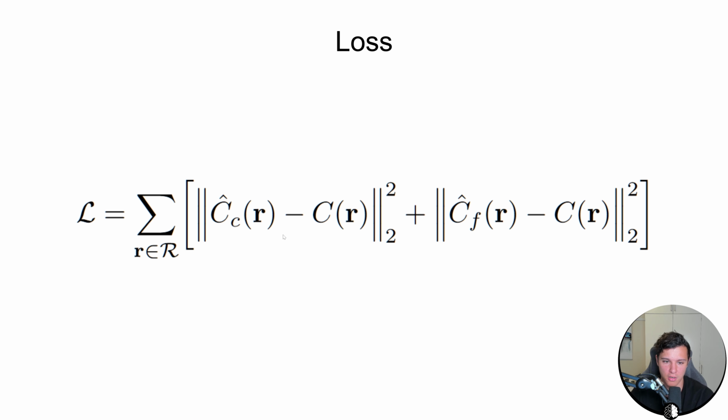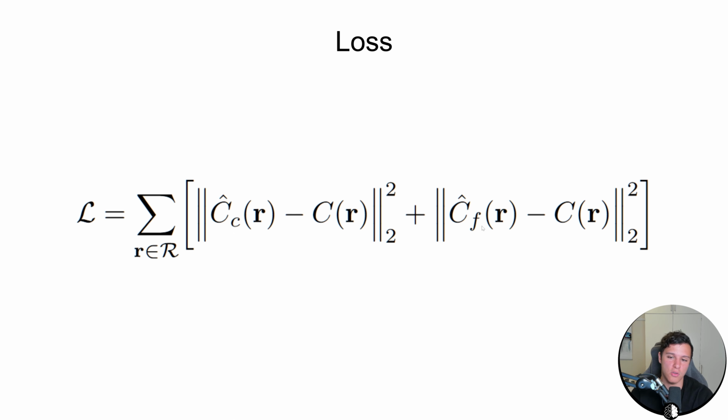We have two terms here, but just imagine we have this C hat, which is what we approximate or calculate to be the color of this ray that we've shot out, and what the actual color of the ray is. So we compare those two, and hopefully they should be the same, right? And that's the loss. And I will get to this C and F.